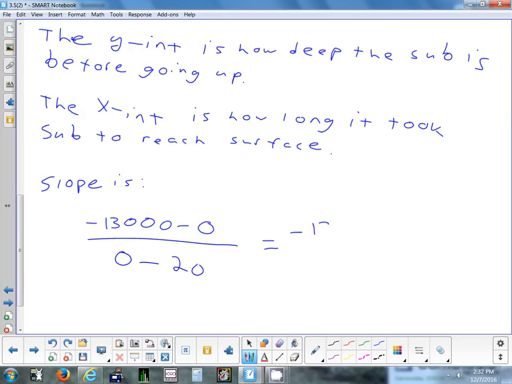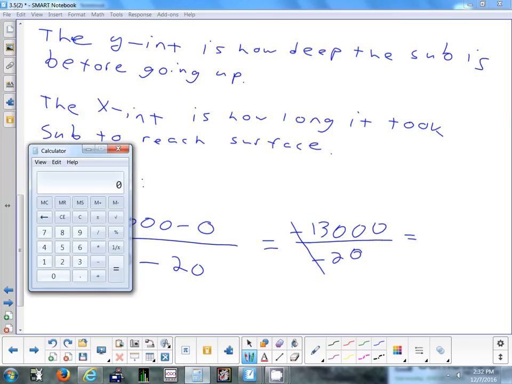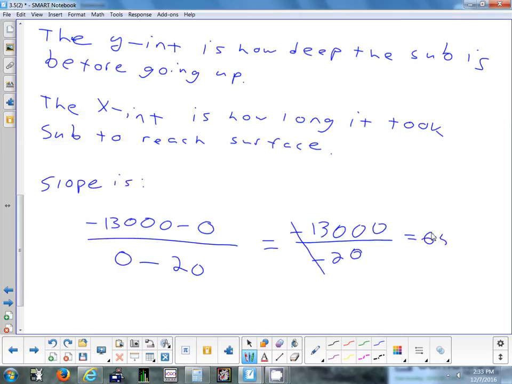Just negative 13,000. How about 0 minus 20? Negative 20. What's a negative divided by a negative? Positive. And now let's divide 13,000 by 20 and see what we get. 650. That's the slope. Now, does anybody know what that slope means in this problem?